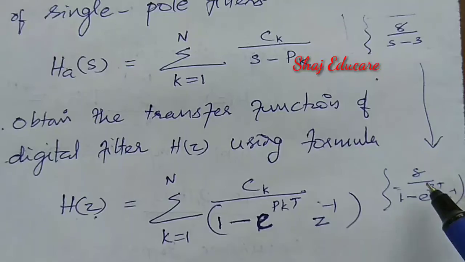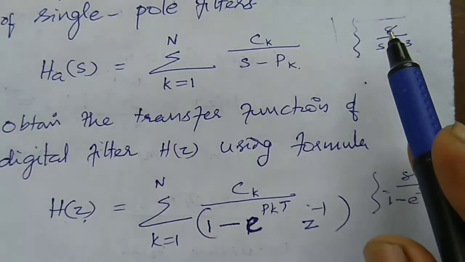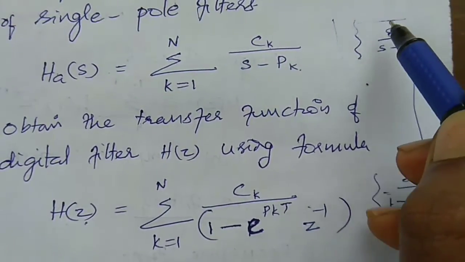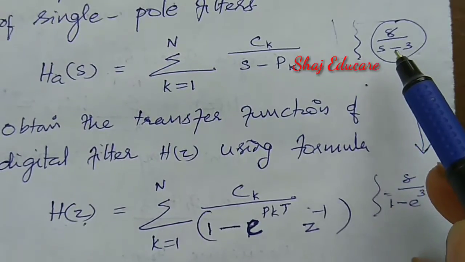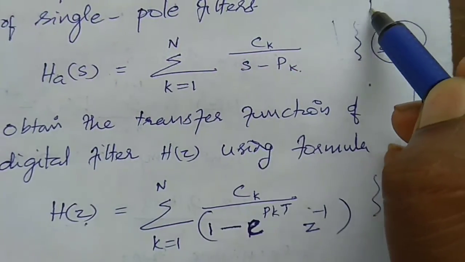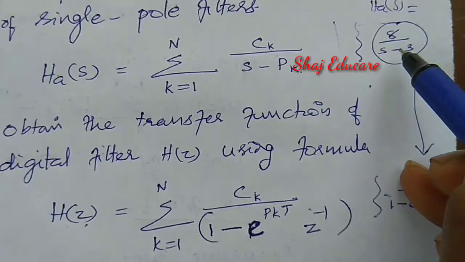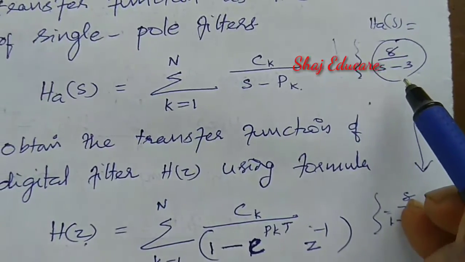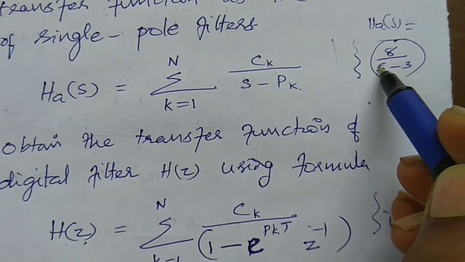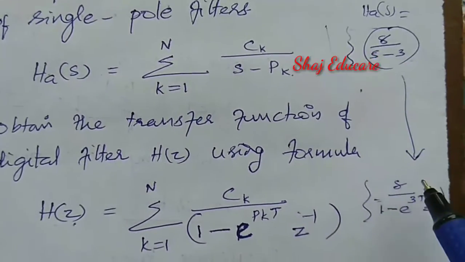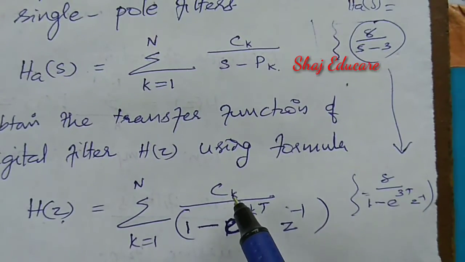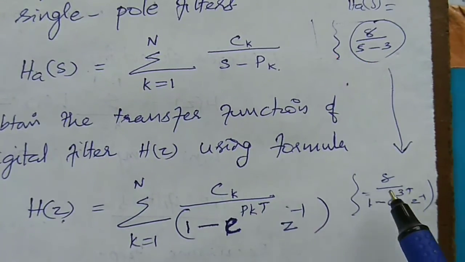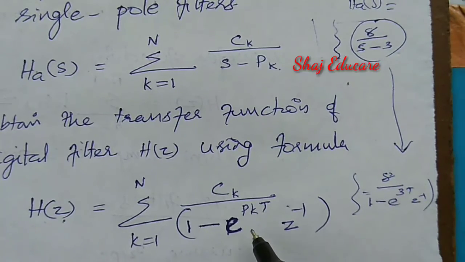This will be the equivalent transformation for this case. Suppose Ha(s) is equal to 8 by s minus 3. Then after applying the transformation, what we get is 8 divided by 1 minus e raised to 3T z inverse.